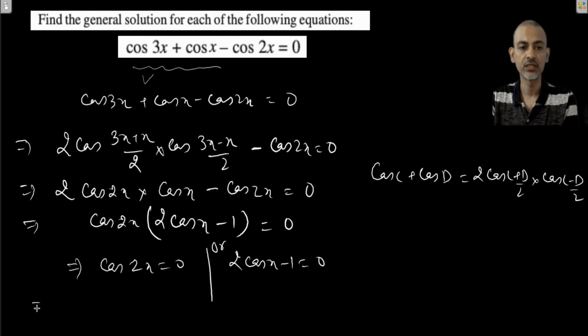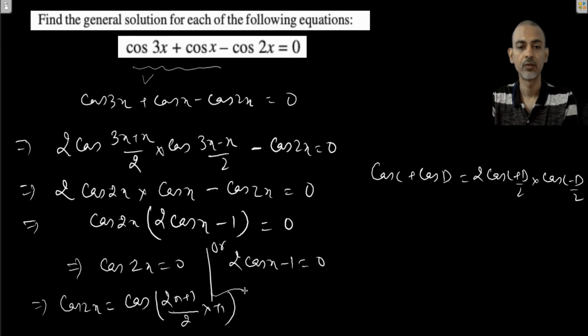We have just done in the previous slide the case when cos 2x equals 0. Let's take two steps. Cos 2x would be cos of (2n plus 1) into pi by 2. Why does this happen?